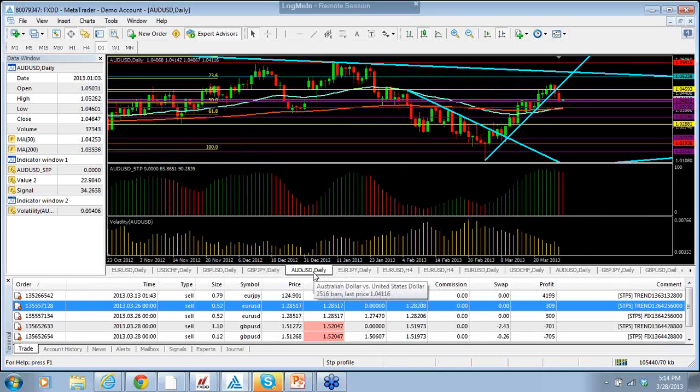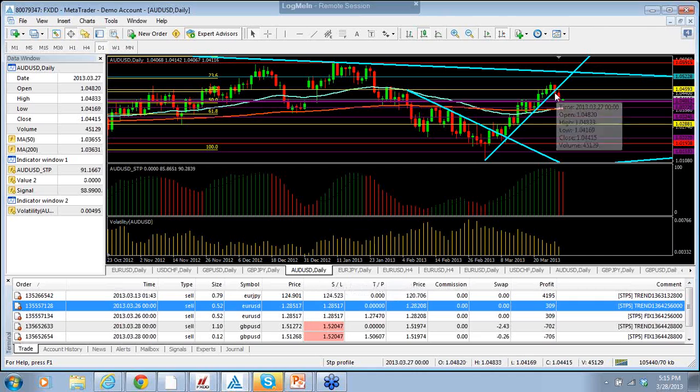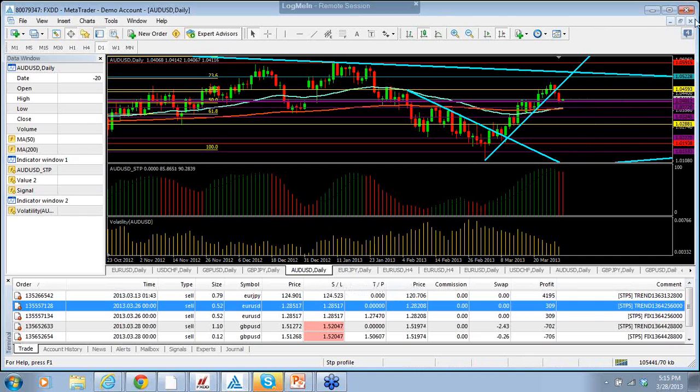So look, this Aussie dollar is down. The Aussie dollar actually has continued its move down, and that's kind of what we thought would happen. It broke the trend line, closed below the trend line, and kind of bounced between those two areas of support and resistance, 1.0450 and 1.0400.